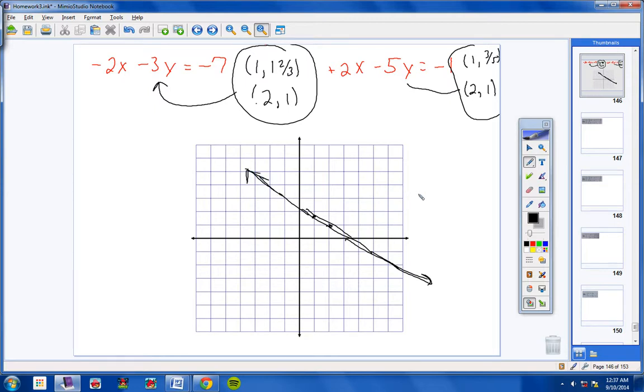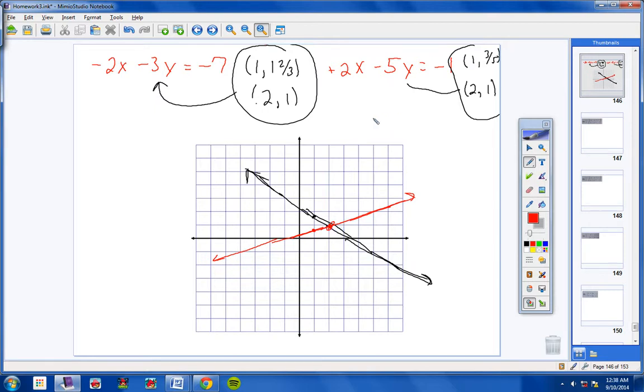Now, for this other equation, I have 2 points I'm going to plot. The first point is over 1 and up 3/5, so right there, and then over 2 and up 1, so right there. So it's very obvious where the 2 lines are going to intersect. They're both going to intersect right here at over 2 and up 1.